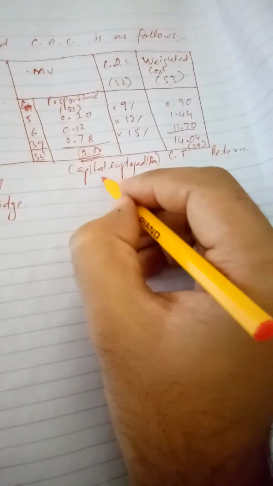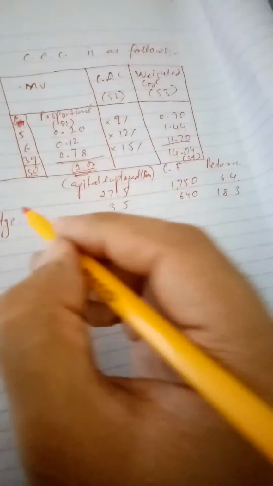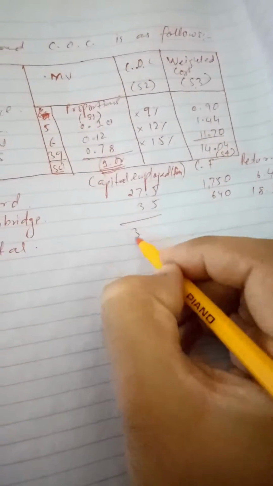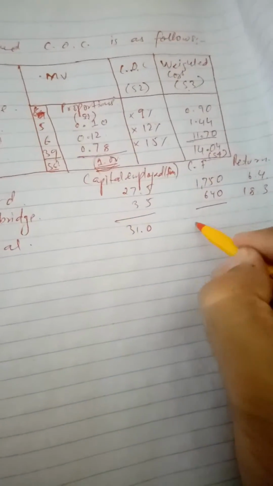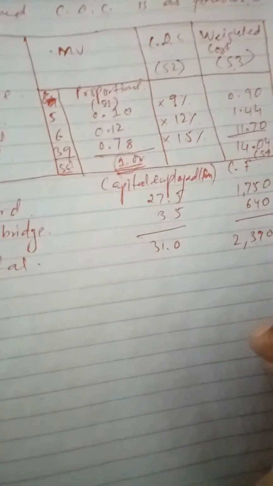This is 27.5, 3.5, 1750, 640, and that would be 6.4, and that would be 18.3. The total would be 31.0. Cash flow 2390. This would be 7.7 in terms of percentage.